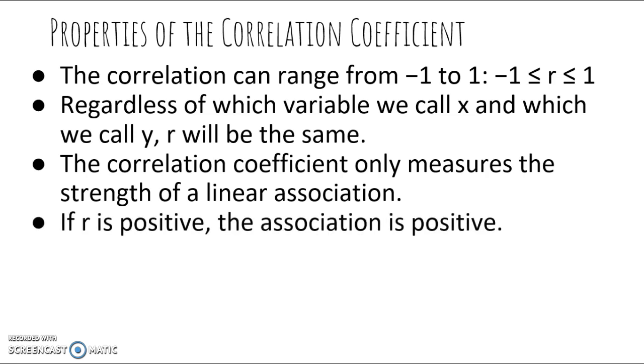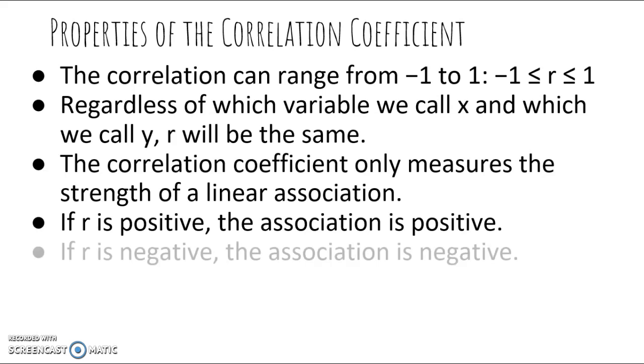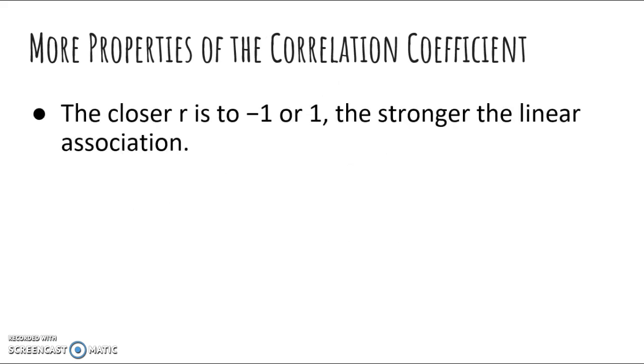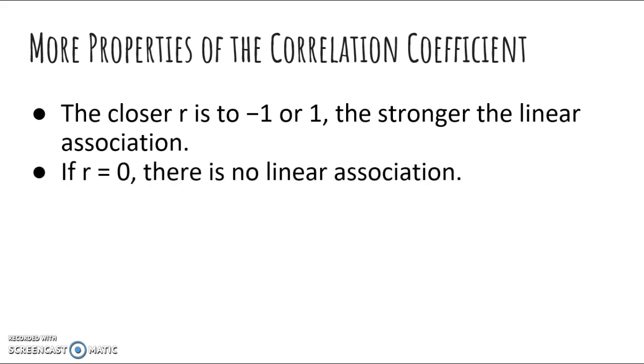If r is positive, then that means our correlation or our association is positive. Same thing if it's negative, the association would be negative. Okay, so there's some properties there. There's a few more. The closer r is to negative 1, the stronger the negative linear association is, and the closer it is to positive 1, the stronger the positive linear association is.